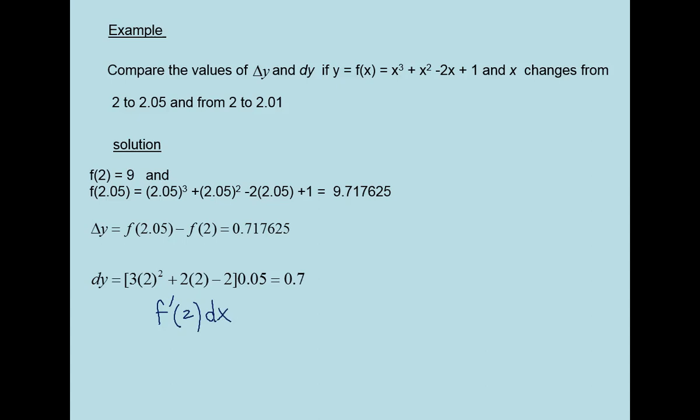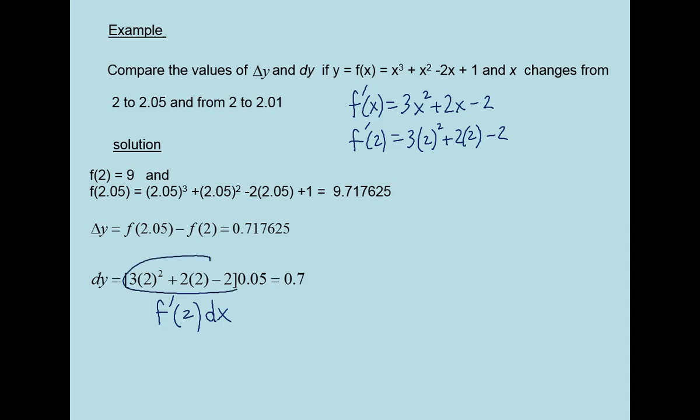Now, if we looked at f prime of x, let's go back up here. F prime of x would equal 3x squared plus 2x minus 2. So f prime of 2 would equal 3 times 2 squared plus 2 times 2 minus 2. And you can see that's what this is right here. Okay, that's our f prime of 2.